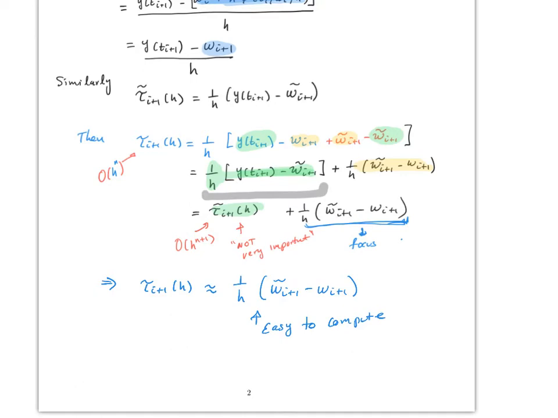So this is an easy way to compute an approximation to the local truncation error of order h to the n. All right, so we just got the following result. The local truncation error can be approximated as 1 over h times w̃_{i+1} minus w_{i+1}.